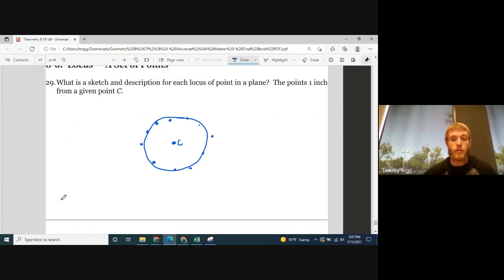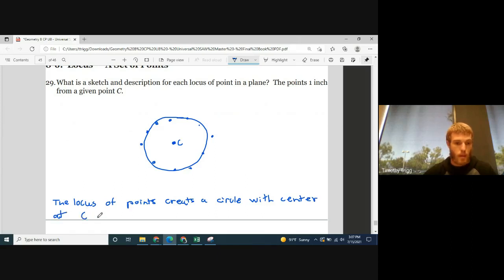So the locus of points creates a circle with center at point C and radius 1 inch.